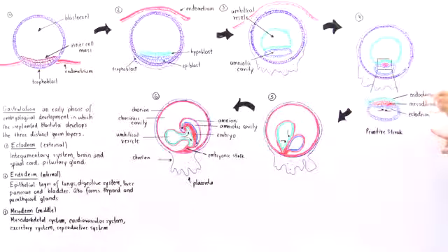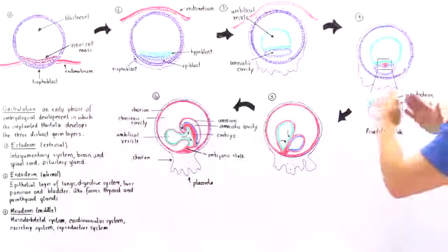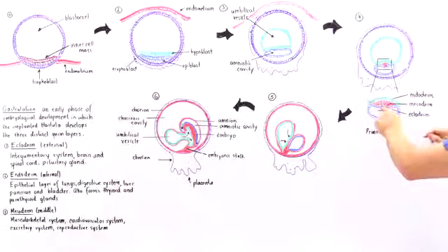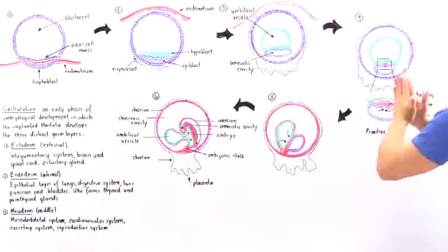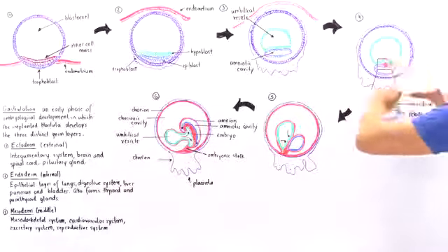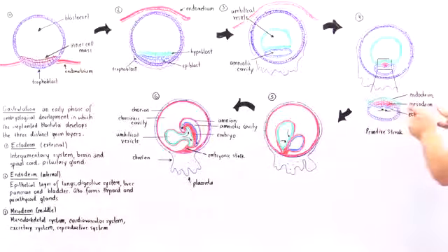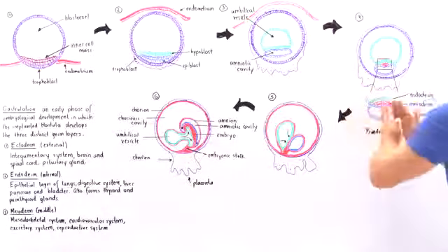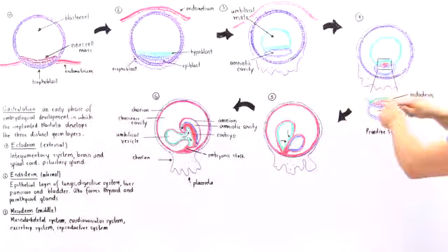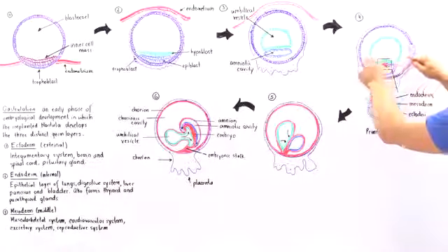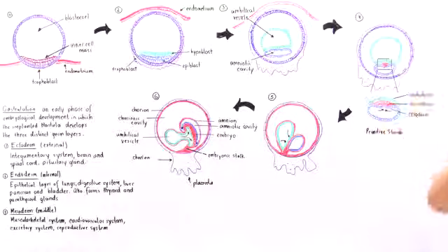And along the primitive streak, which is basically this axis where invagination takes place, these blue cells essentially invaginate and move inwards. And as they move inwards, these blue cells develop into the red cells that make up the mesoderm. And as this pushing process takes place, all these red cells eventually are pushed around this entire structure.